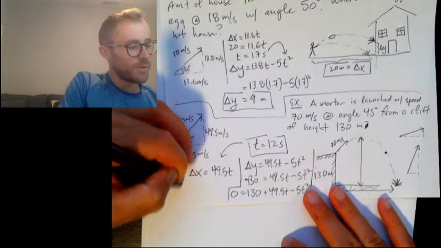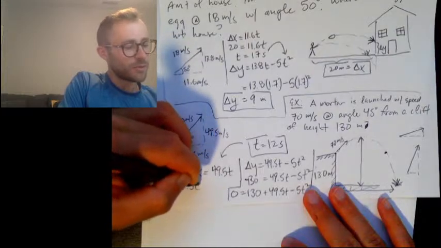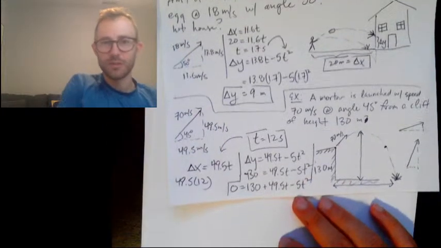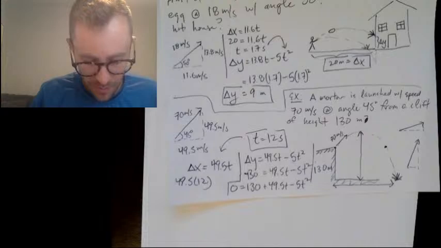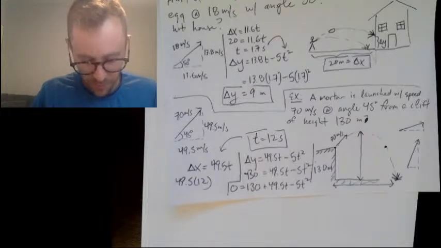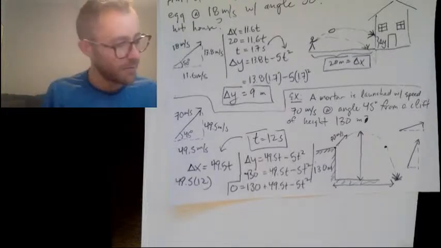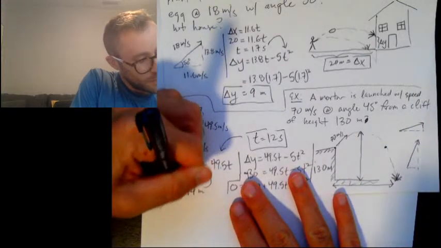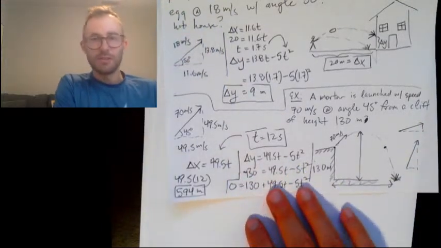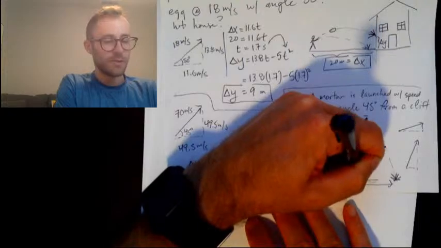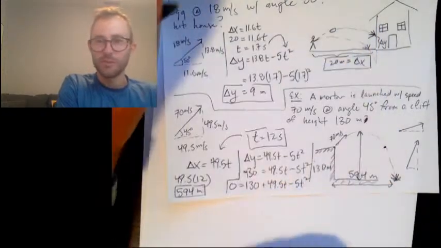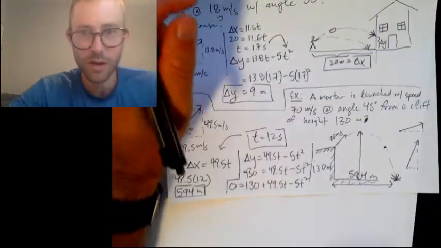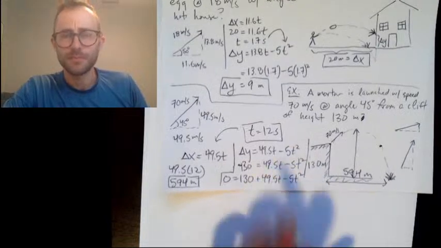So 49.5 times 12, kind of running out of space here. 49.5 times 12 is 594 meters. So that means that this projectile is going to go 594 meters horizontally before it hits the ground.